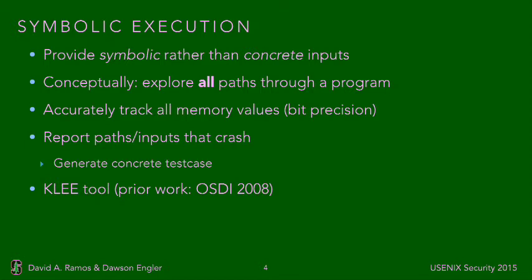These tools accurately track all memory values up to a single bit of precision. Then along each execution path, the tool sees whether any input values could cause that execution path to crash. If so, it reports a single set of concrete inputs to the user that can be used offline to reproduce and then fix the bug. And this work builds upon the KLEE tool, which is prior work from OSDI in 2008.